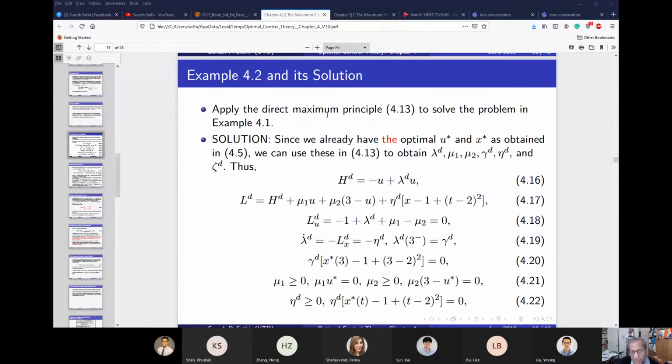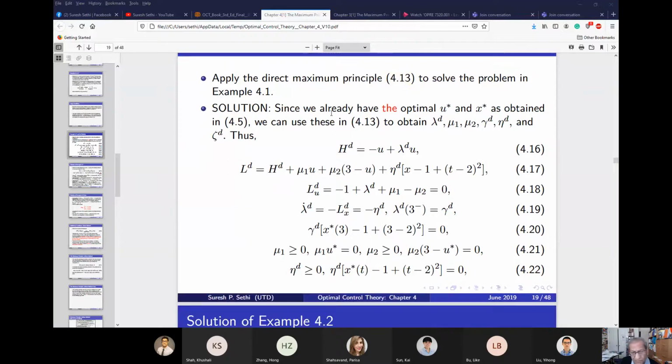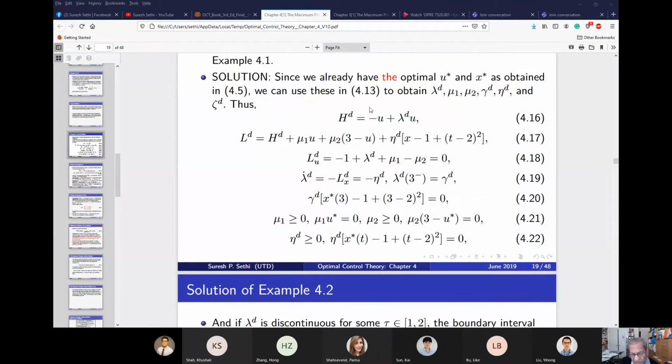So we apply the direct principle to the example. We apply this 4.13 box to example 4.1. When you apply all of this, it's just a straightforward matter of getting the equations right, and you state all of these conditions. That is just a statement of the maximum principle for that particular problem.